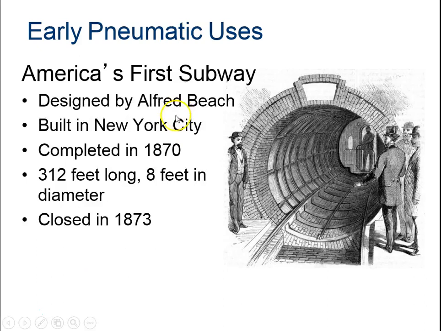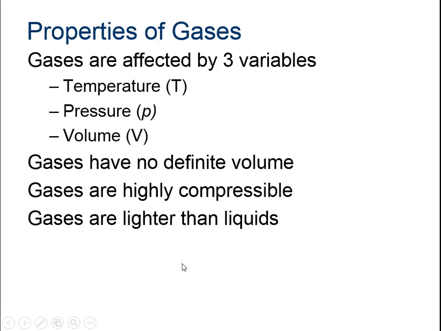Also, the first subway from 1870 was powered by pneumatics. You'll notice the subway wasn't very long, but at that point in history, pneumatics was completely new. Most of what we use with pneumatics today is based on these early uses.